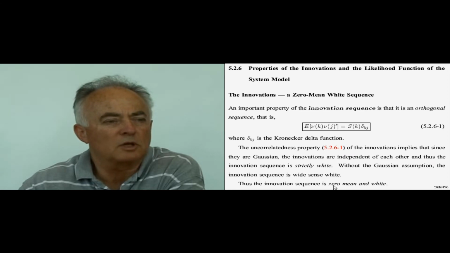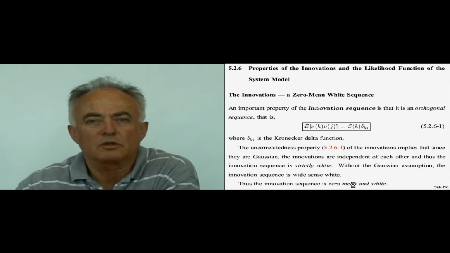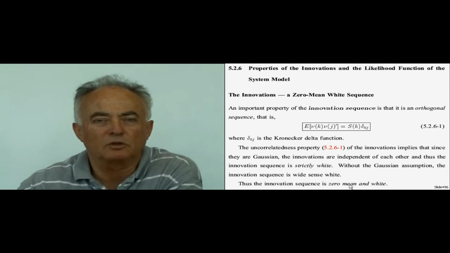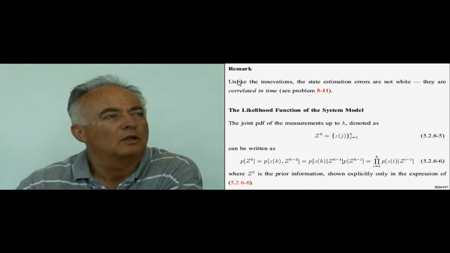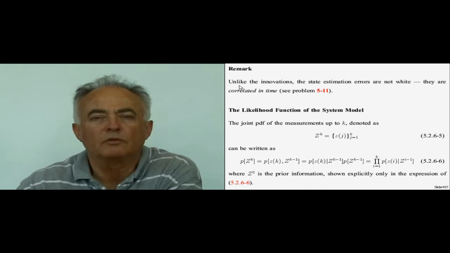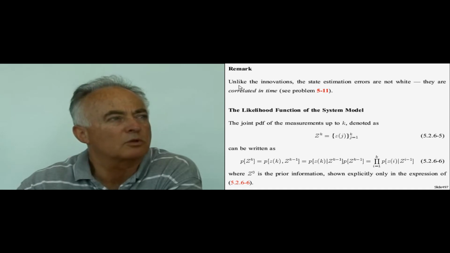It's zero mean, and the zero mean property follows directly from the definition of what innovation is, the difference between the measurement and its mean. Therefore, the result should be zero mean. And we'll skip the proof of the whiteness. It's in the textbook.